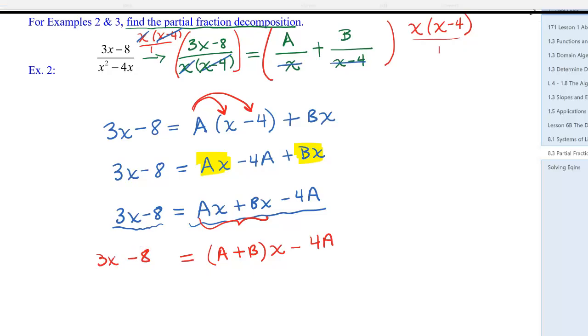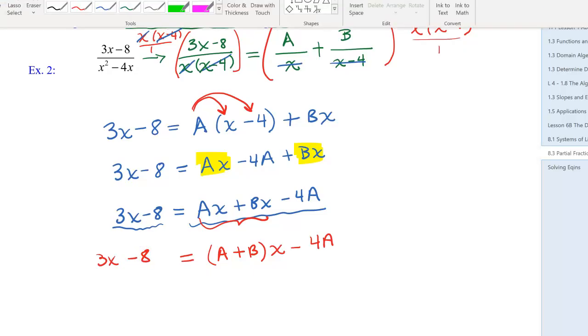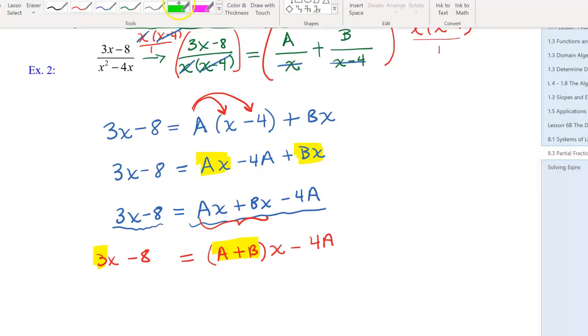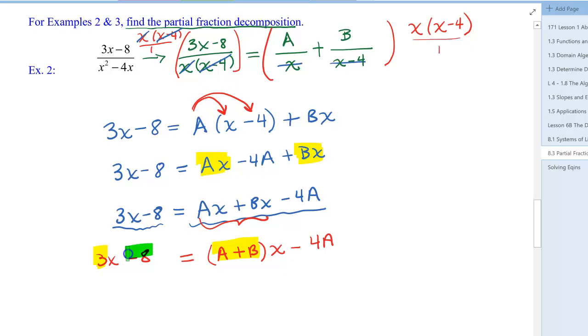So now for these two polynomials to be equal, the coefficient of x on the left has to equal the coefficient of x on the right. And the constant term has to equal the constant term.